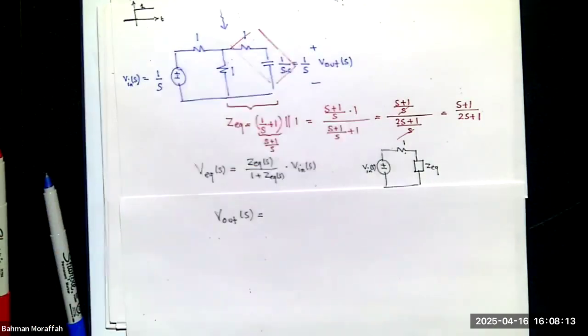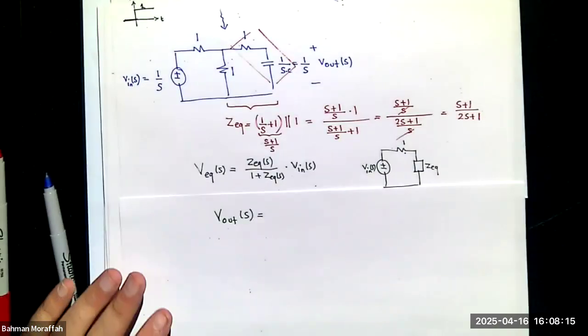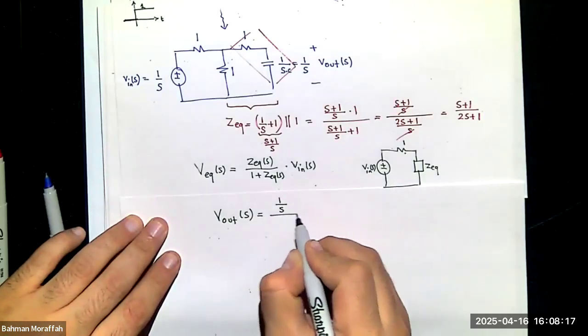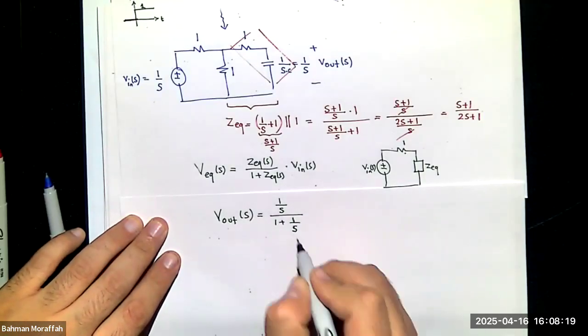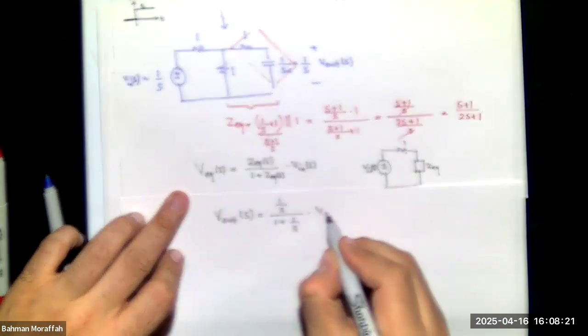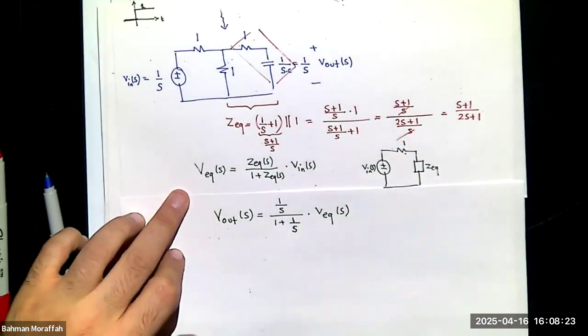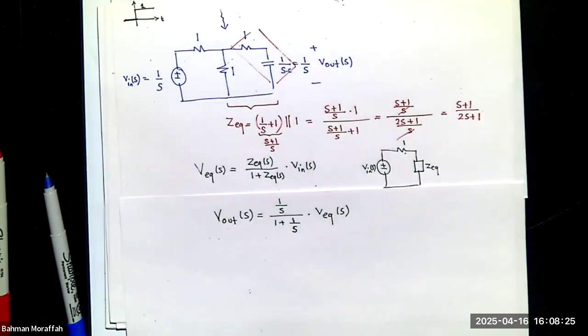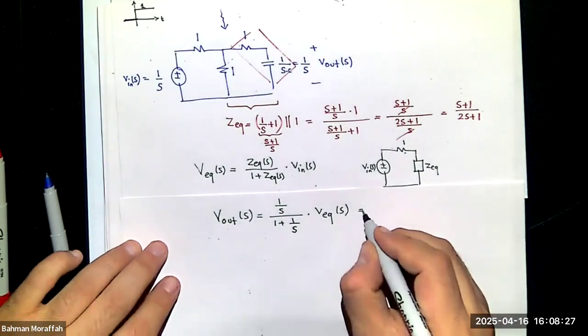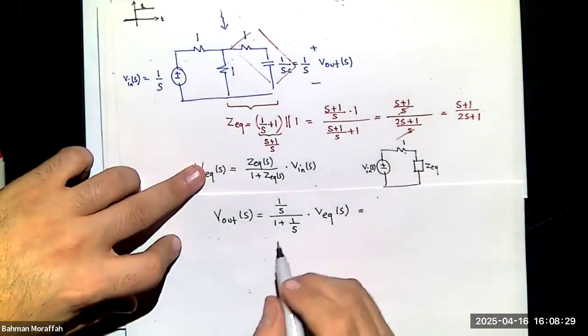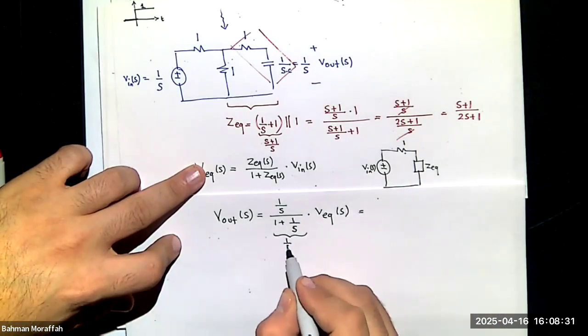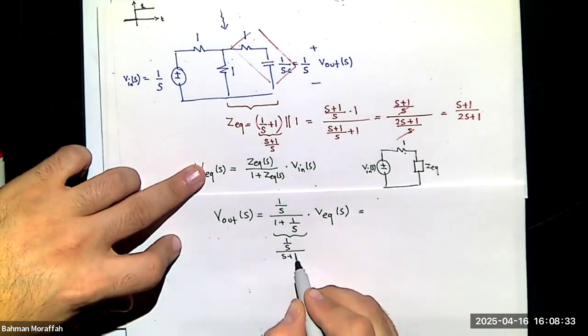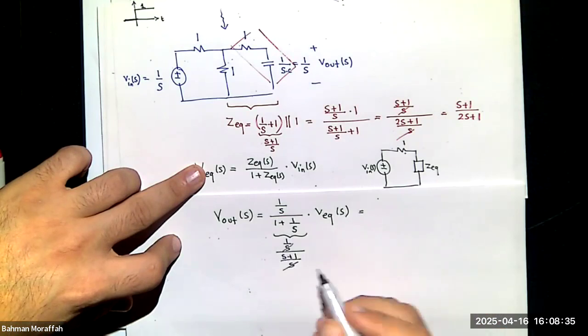If I know the voltage across these two, what is Vout then? What is it? It's 1 over S divided by 1 plus 1 over S times V equivalent of S. Right? I know this V equivalent, so let me just simplify this. So it's 1 over S divided by S plus 1 over S. This and this cancel.